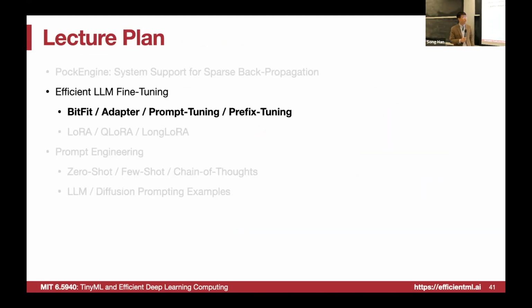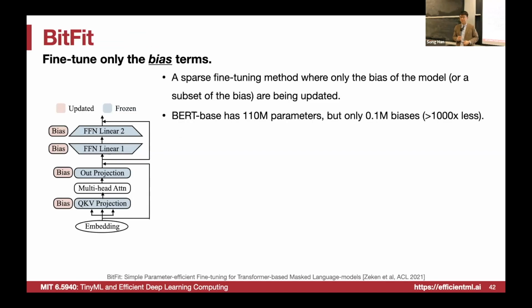We'll talk about a few parameter-efficient fine-tuning approaches, and let's start with BitFit. Since parameter efficiency is what we care about, can we only update the bias? We already covered that in the last lecture in TinyTL. In ICLR 2021, we explored only fine-tuning the bias. That plays very well for vision models. After that, people found that this kind of sparse fine-tuning, only fine-tuning the bias of the model or a subset of the bias, can work very well.